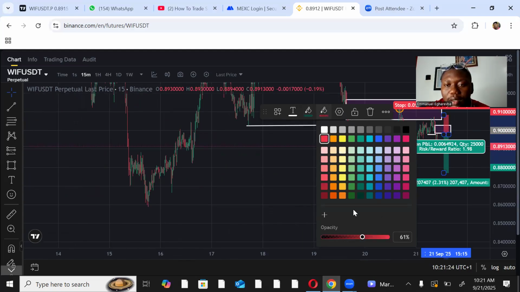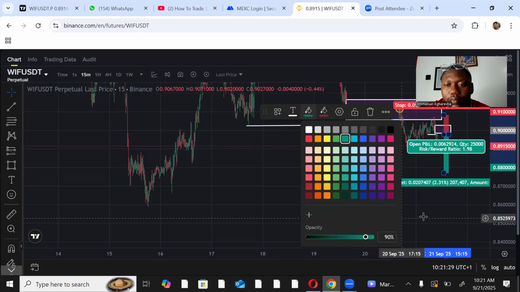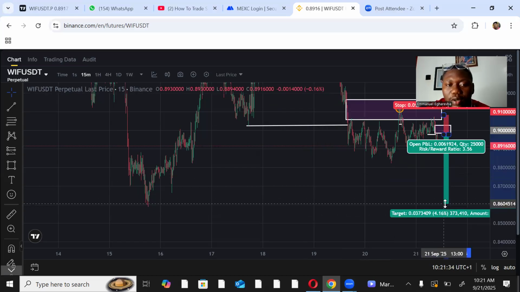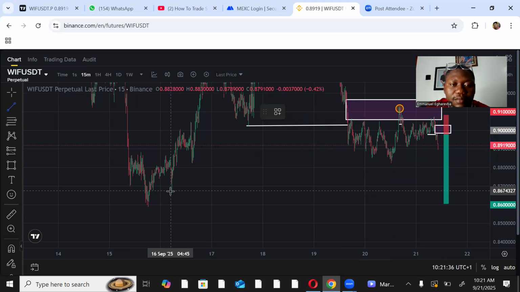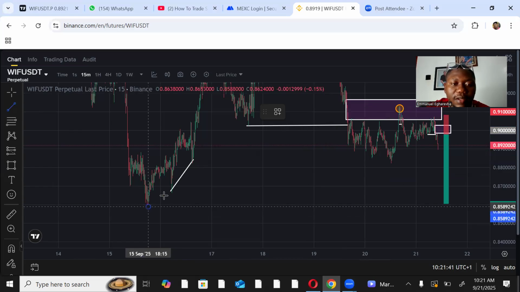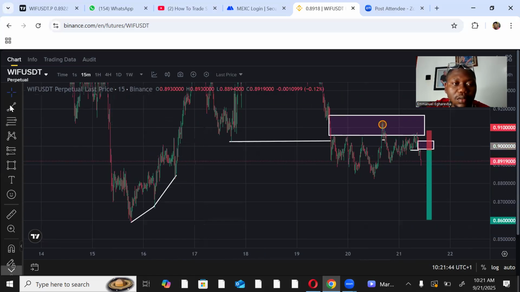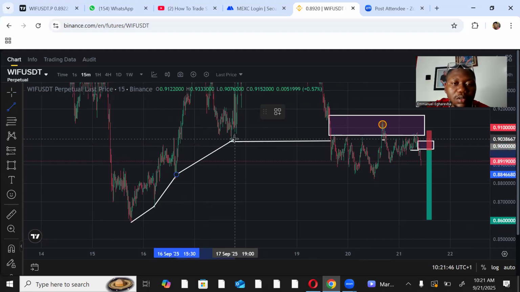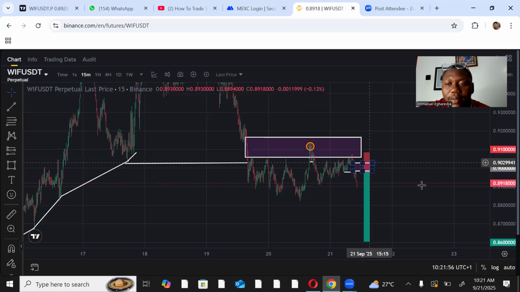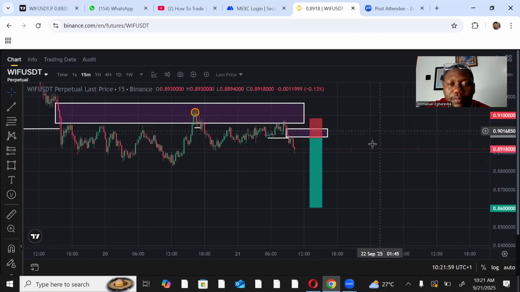All of these points now are going to be liquidity, because we have failure swings here. All of these failure swings did not break or form a new low for sweeping liquidity. So all of these will act as liquidity for the market to push.